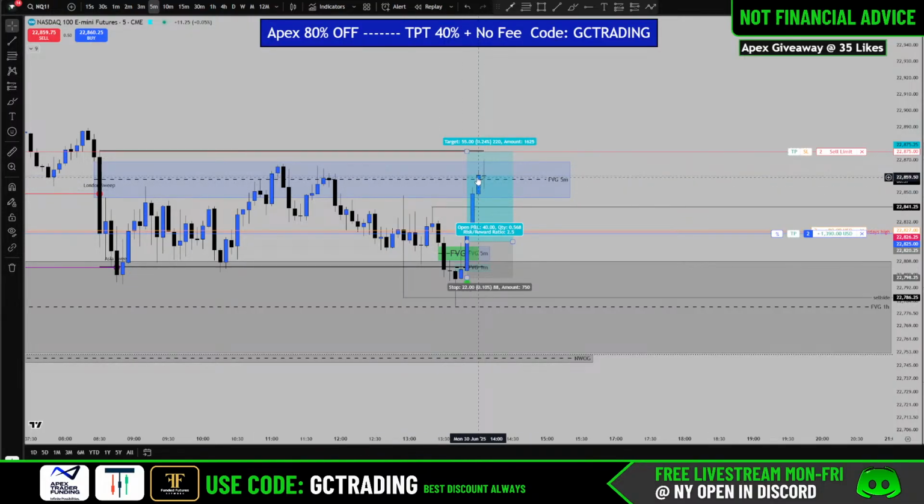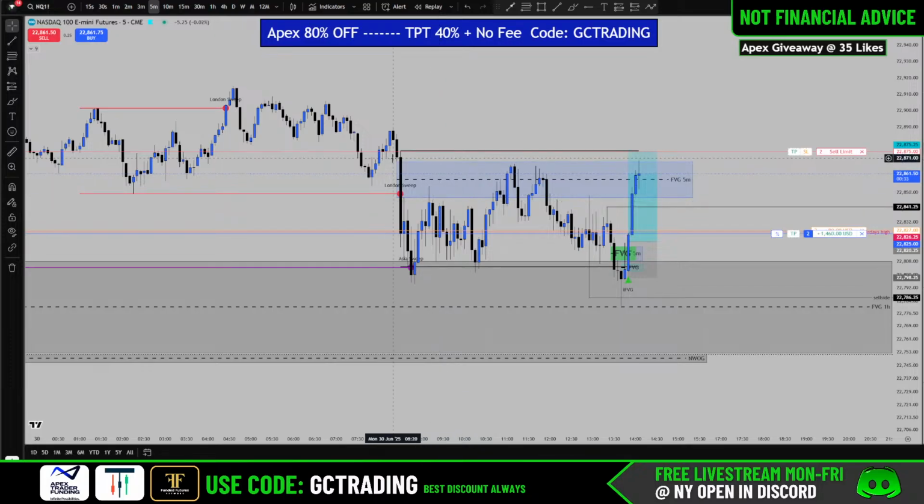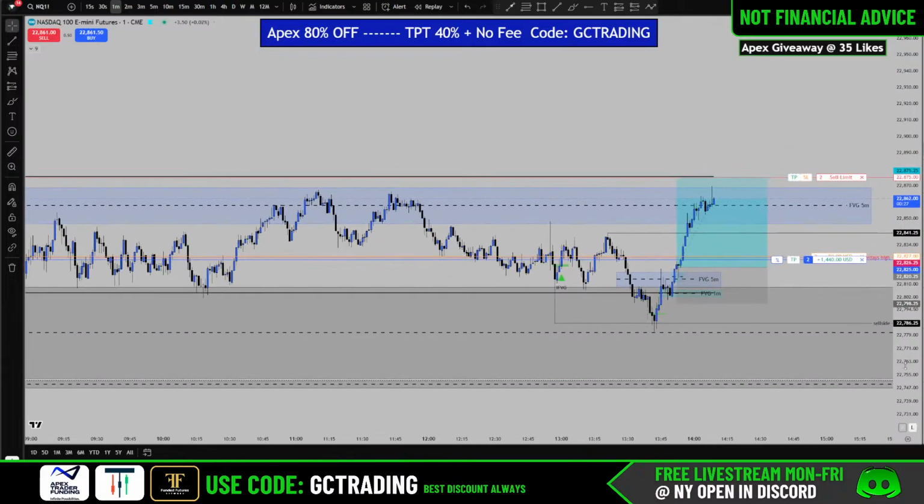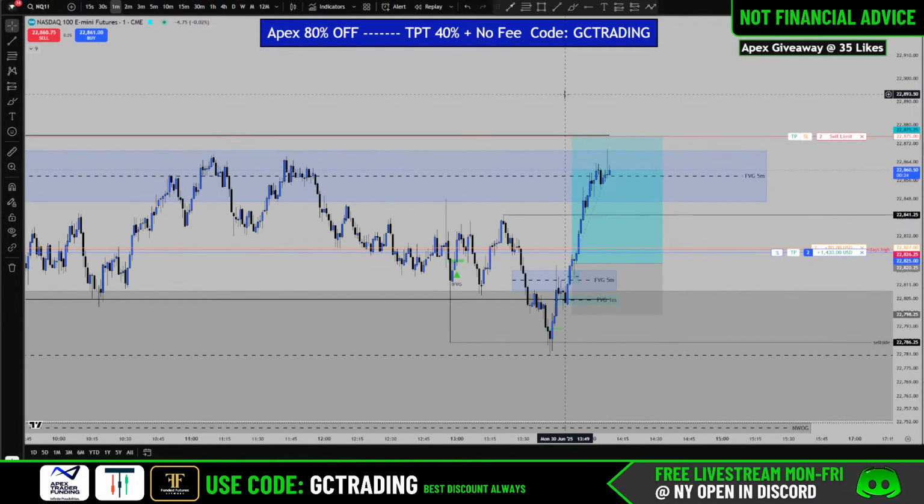Took profit inside the gap. Going to take final profits at ORB high right here, which is high of day. So that's a solid trade, very solid trade. We did a gap fill right there, so we are seeing some rejection. Let's see if we can continue higher.